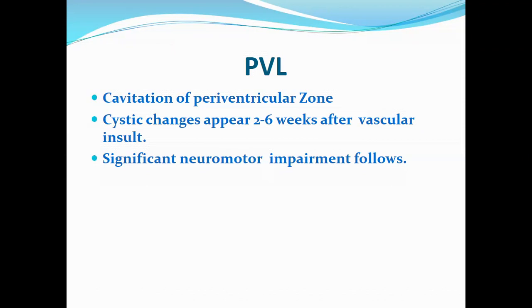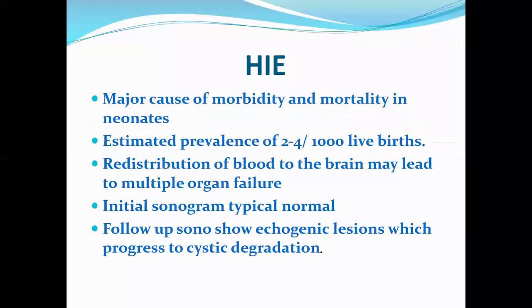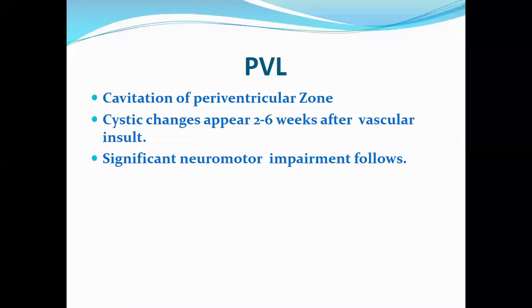So this is the cavitations and cystic formation in the periventricular zone. As a result of which one? HIE. So these changes will occur after 6 weeks usually, but between 2 and 6 weeks, you should be able to see something. There will be significant impairment of the motor actions that will follow.